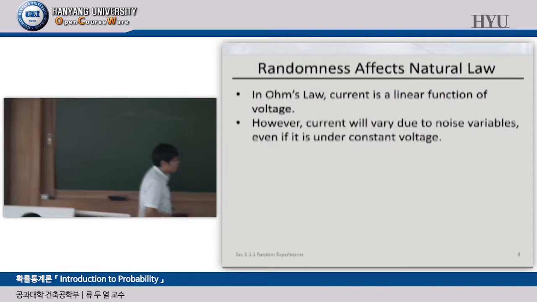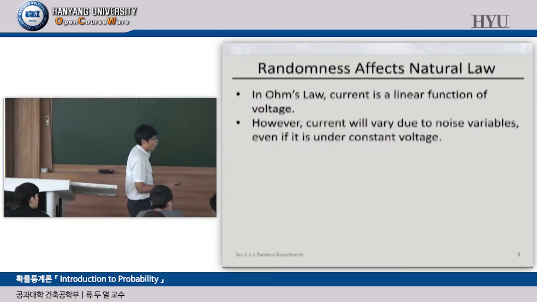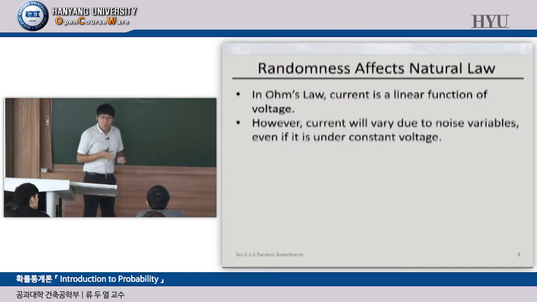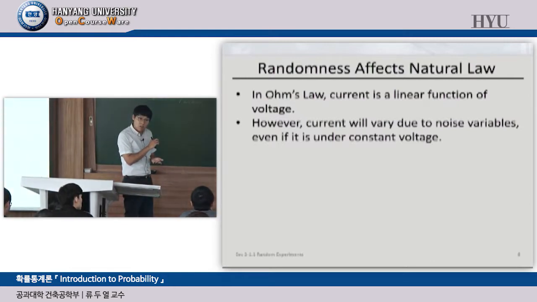However, the current will vary due to unknown noise variables such as the ambient temperature, the contact condition between the device and the electric wire, the size of the electric wire, the relative humidity, and so on. There are so many noise variables affecting the current.